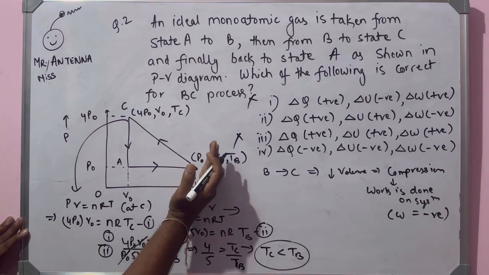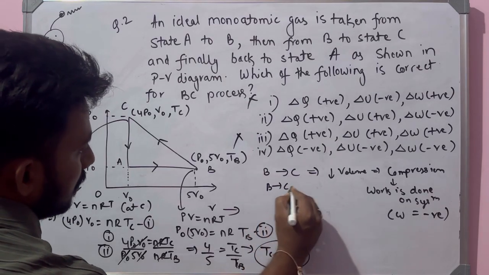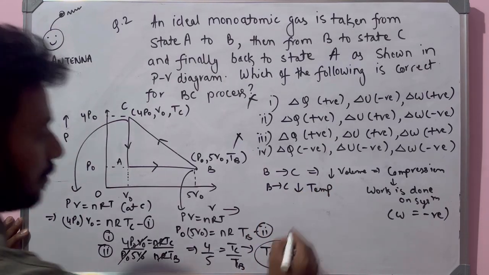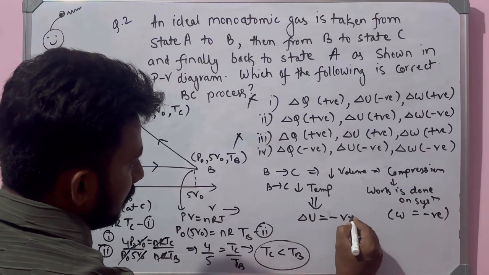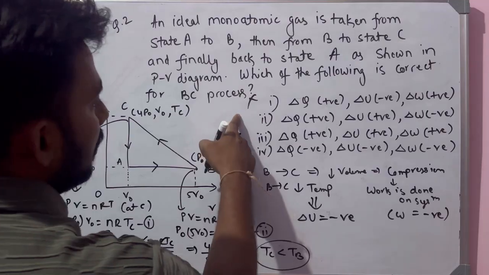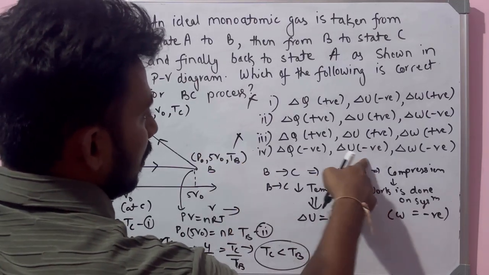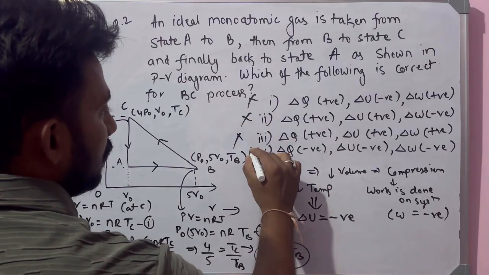So if I am going from B to C, there is a decrease in temperature. If there is a decrease in temperature, change in internal energy will be some negative value. Second and fourth option: in the fourth option I'm getting change in energy to be negative. Here they have given positive, so directly the second option is wrong and the fourth option is correct.